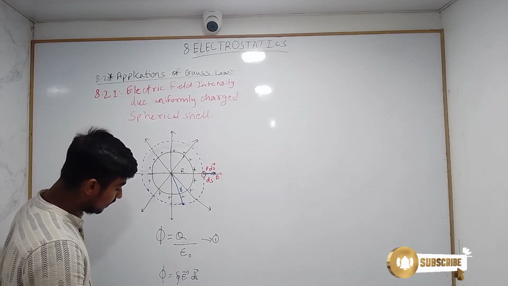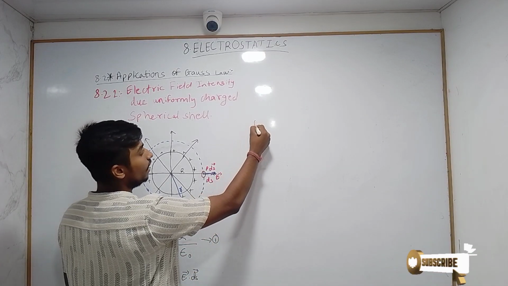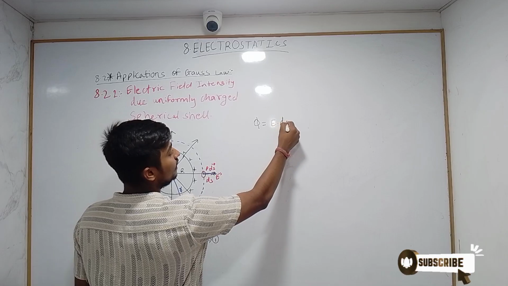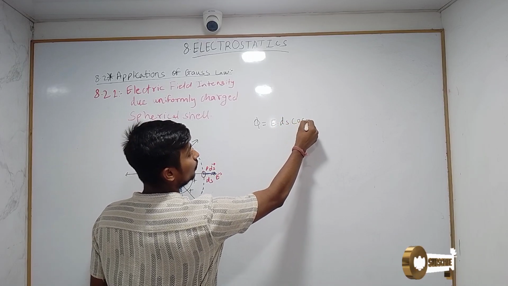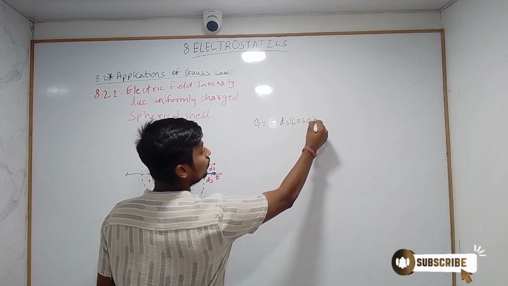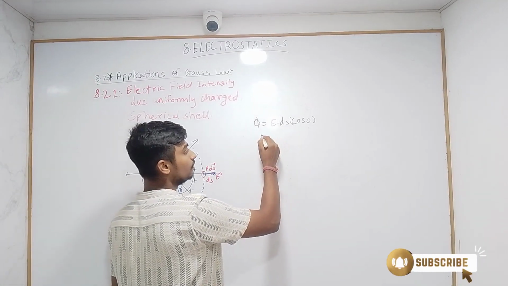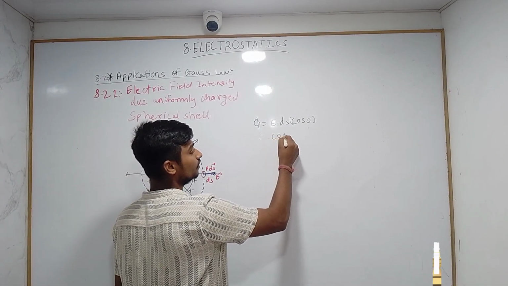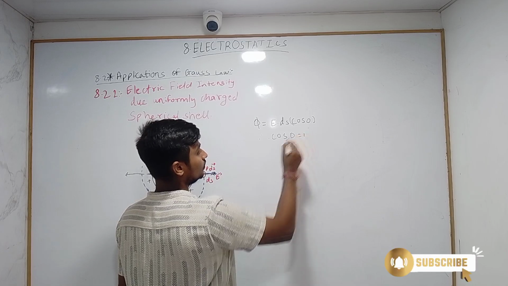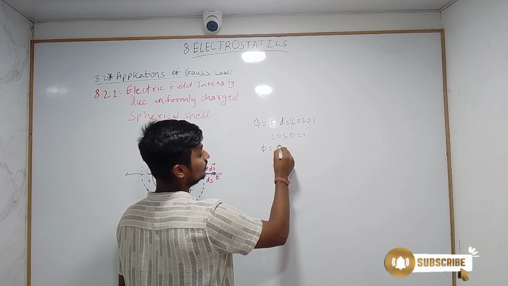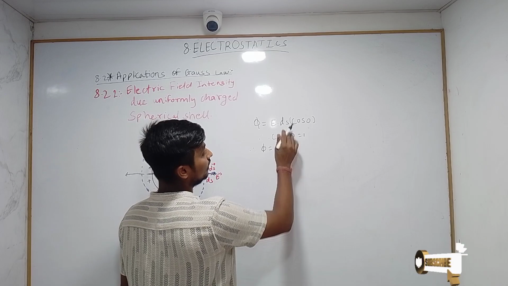So we can write this as phi is equal to E ds cos 0. What is the value of cos 0? The value of cos 0 is 1. So electric flux can also be written as E ds.